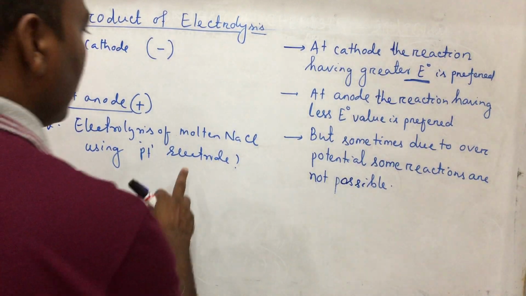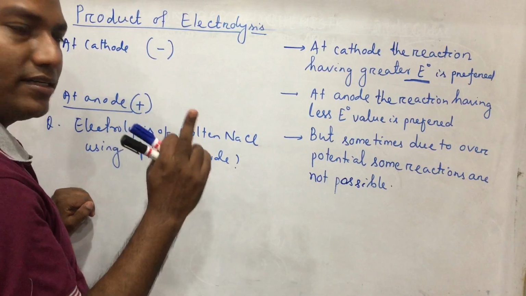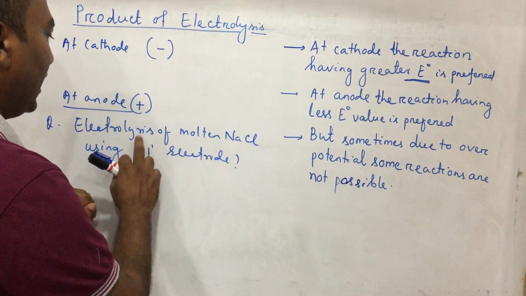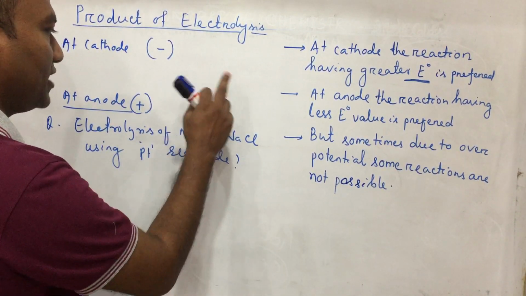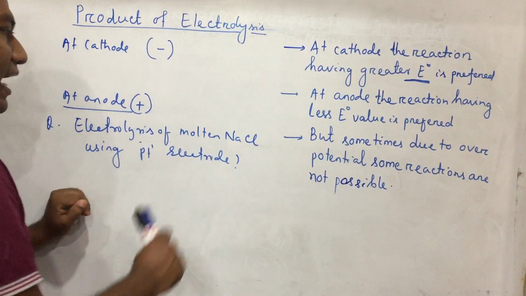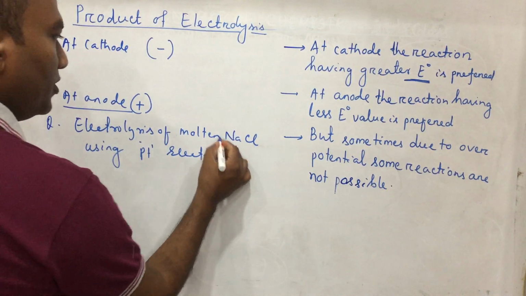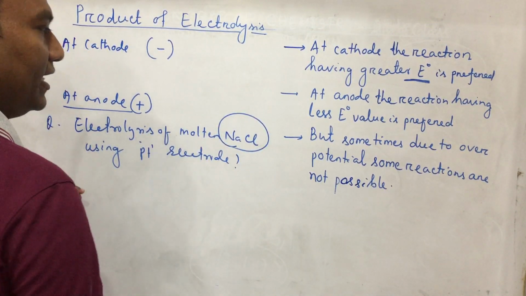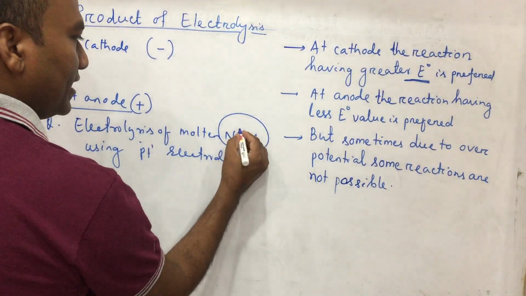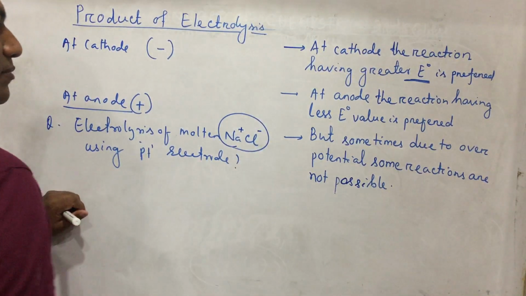That means here the electrode is inert. So at cathode which type of reaction takes place, and at anode which type of reaction takes place? First see, which electrolyte is present? NaCl. In NaCl, Na is plus, Cl is minus.